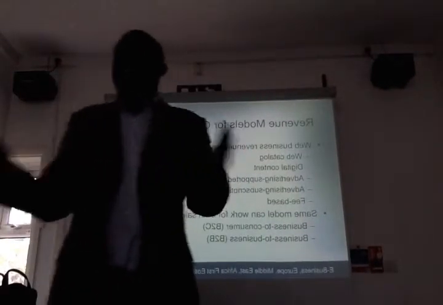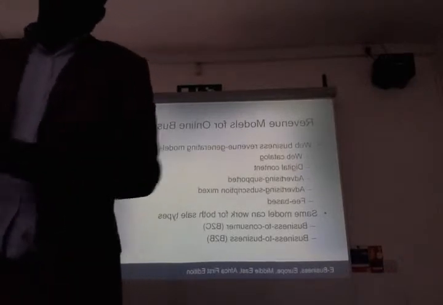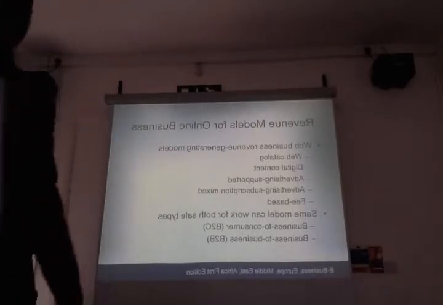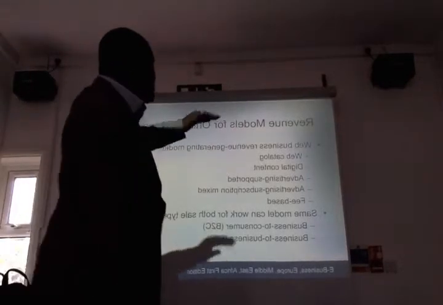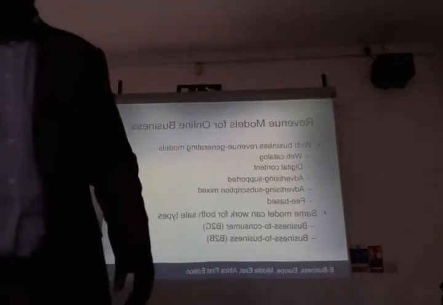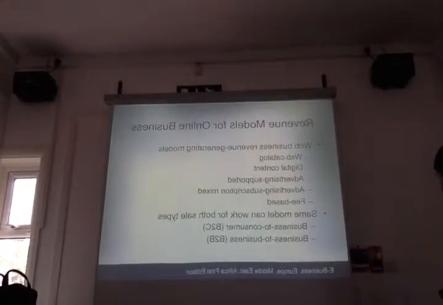We add a few features, the search, for example. We add the shopping cart and we go on that way. The second is this idea of selling or generating revenue through digital content. The most successful shop in history is what?